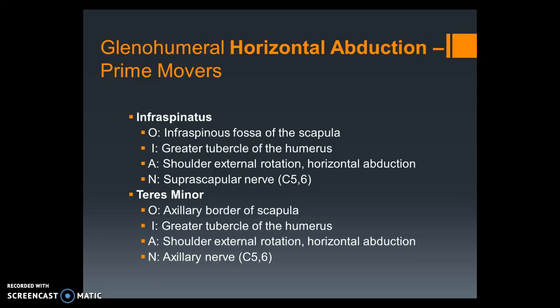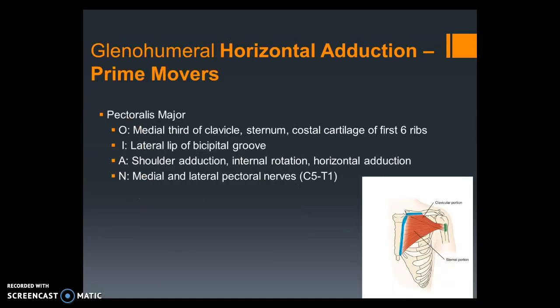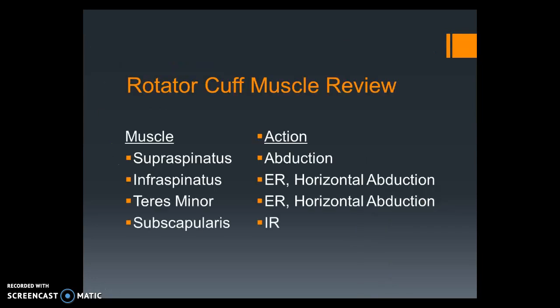Horizontal abduction is performed by the infraspinatus and teres minor, also mentioned earlier. The horizontal adduction is performed by the pectoralis major, also mentioned earlier. Another little picture here, same picture, but of your sternal portion and clavicular portion of the pectoralis major.